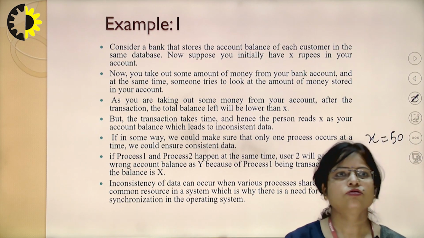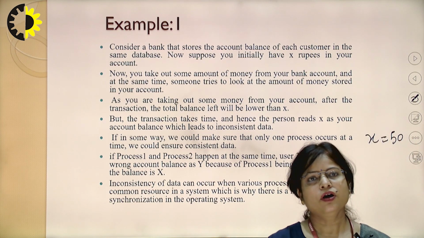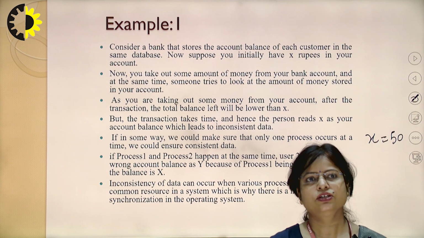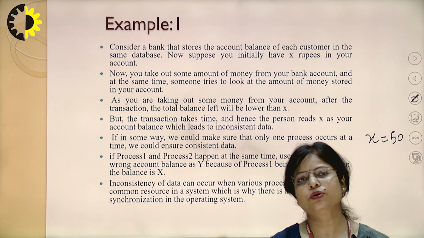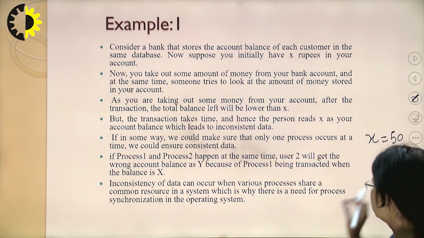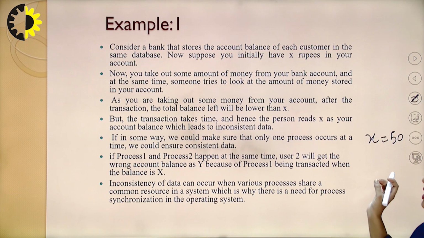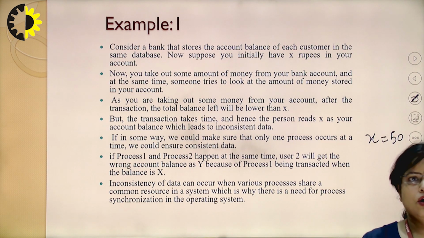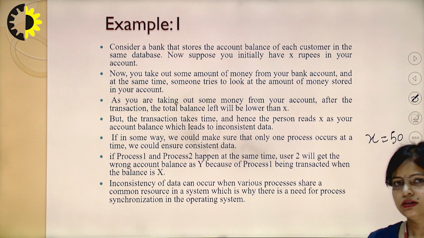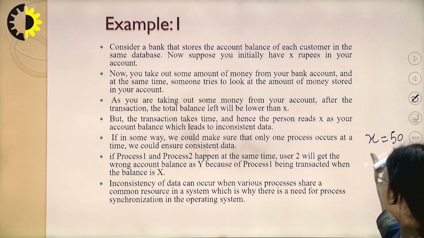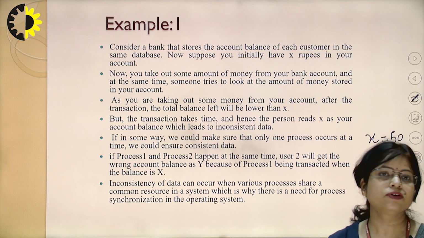As you take out some money from your account, after the transaction the balance left will be lower than X. And say at the same time you take out some amount of money, someone tries to look at the amount of money stored in your bank account. So initially in your account you have 50 rupees.